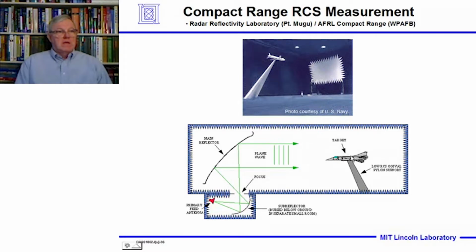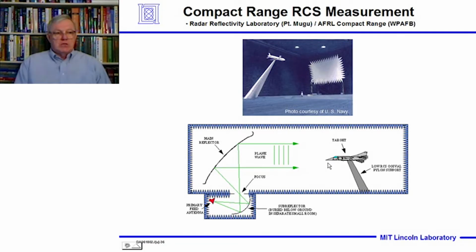Okay? Now, there are a number of reasons you'd want to have these compact ranges. The first of which is you can operate them in any weather inside, and it's under very nice controlled conditions. And you can also use these compact ranges on subscale models.